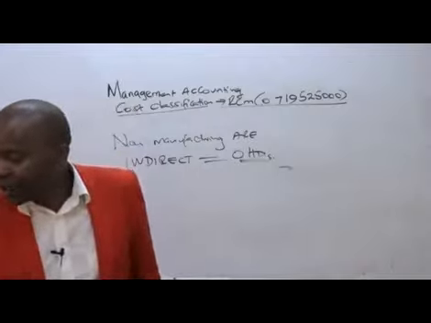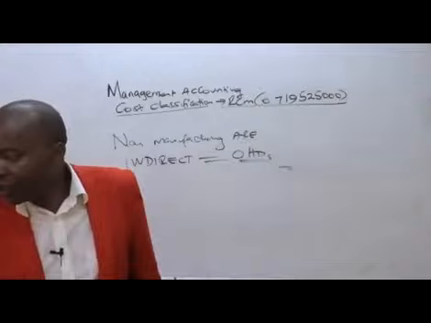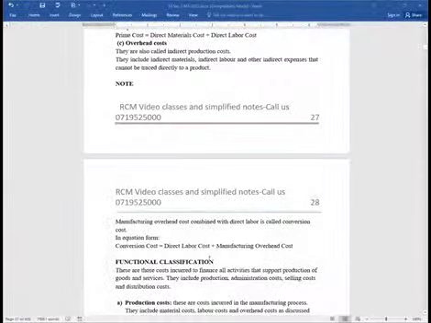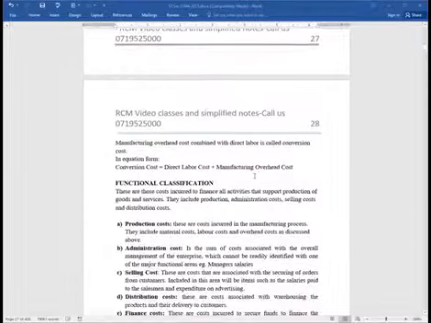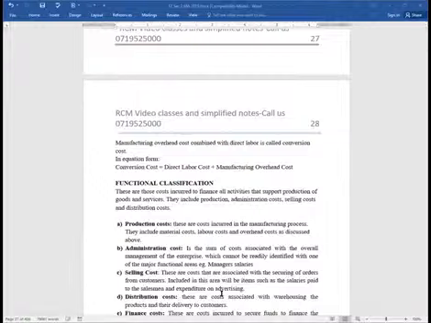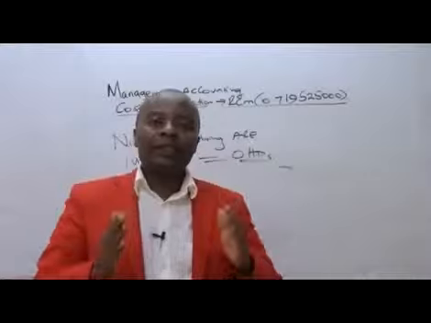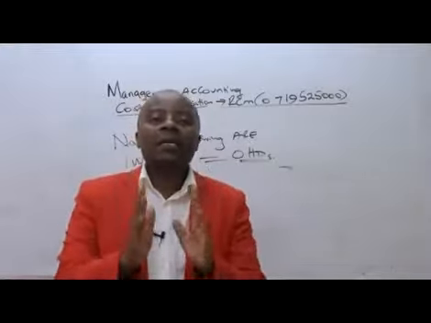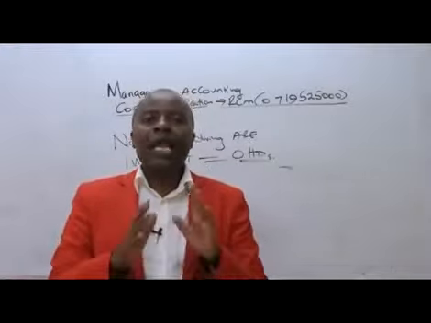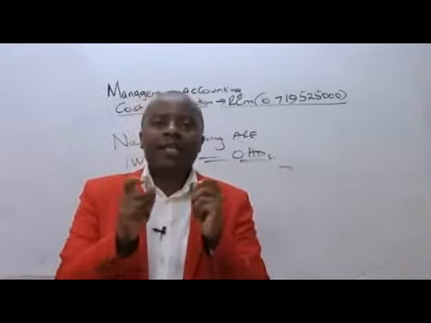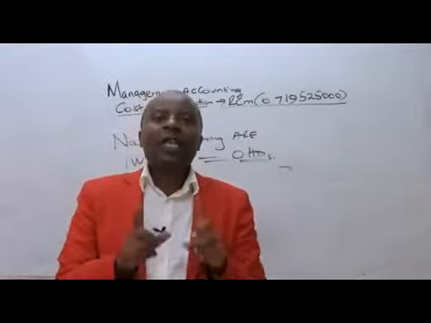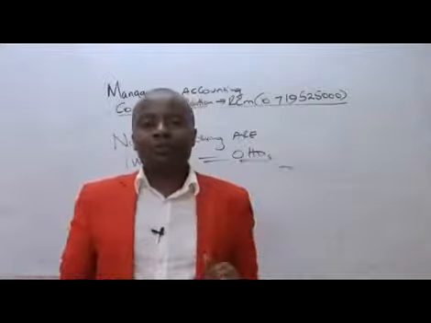Great. Now from there, ladies and gentlemen, we go to another classification, which now is the functional classification. Under functional classification, ladies and gentlemen, we shall be classifying our costs in accordance to the various activities or functions that a company does.